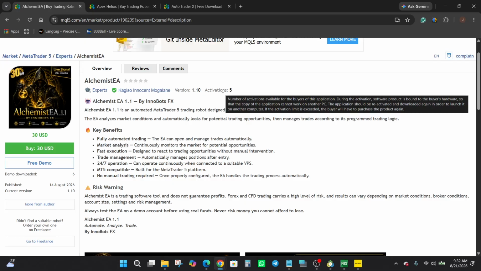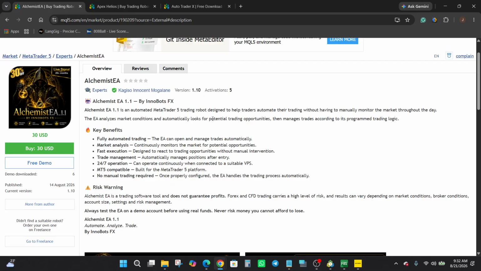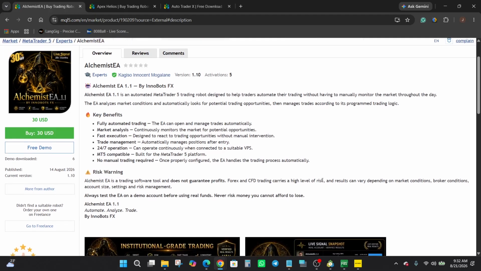So don't read too much into that number when it comes to popularity. Moving into the description, the developer describes Alchemist EA as a fully automated trading robot designed to help traders manage the market without having to sit and watch charts all day. According to the listing, the EA analyzes market conditions on its own, looks for potential trading opportunities, then manages those trades based on its programmed logic.